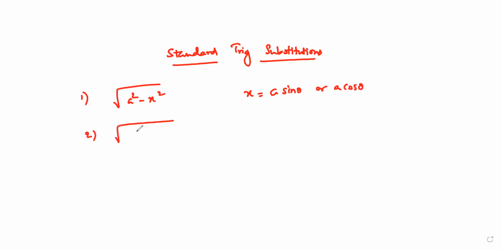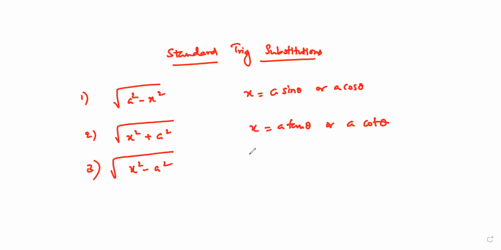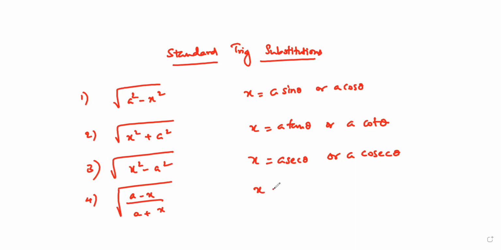If you get root of x square plus a square, take x equal to a tan theta or a cot theta. If the function is root of x square minus a square, take x equal to a secant theta or a cosecant theta. If the function is root of a minus x by a plus x, then take x equal to a cos 2 theta.